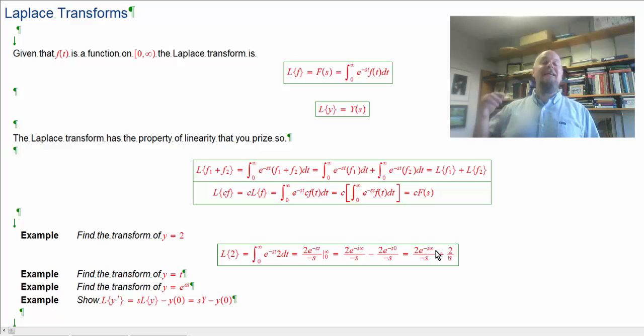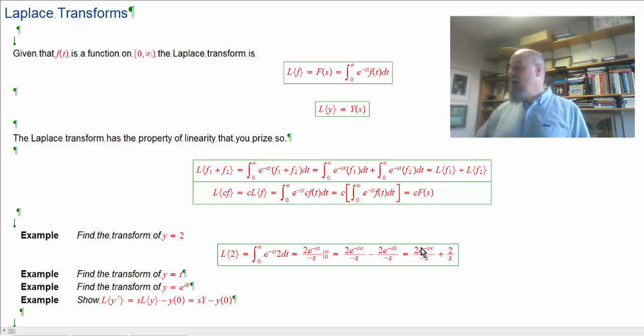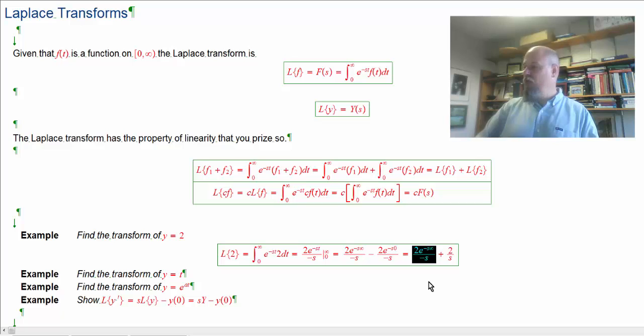Well, e to the minus infinity will be 0. I'm thinking about the limit as t approaches infinity, this e to the minus s times infinity goes to 0, and that turns this whole piece into 0. I'm going to delete it.